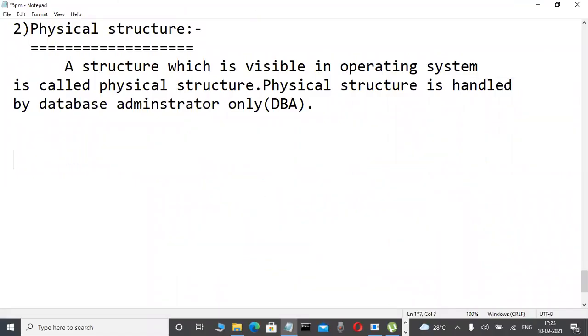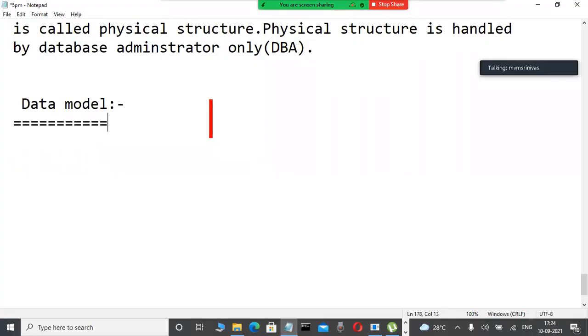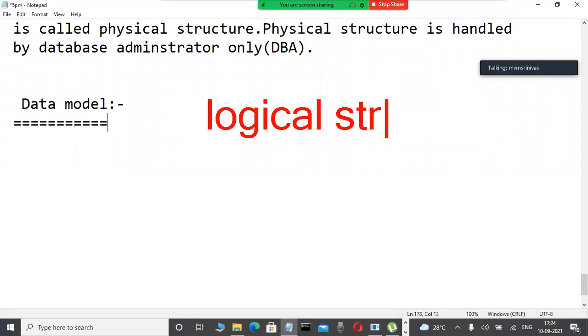Now write it: data model, as the side heading. Anybody tell me, what is a data model? A logical structure means a structure which is not visible in the operating system.